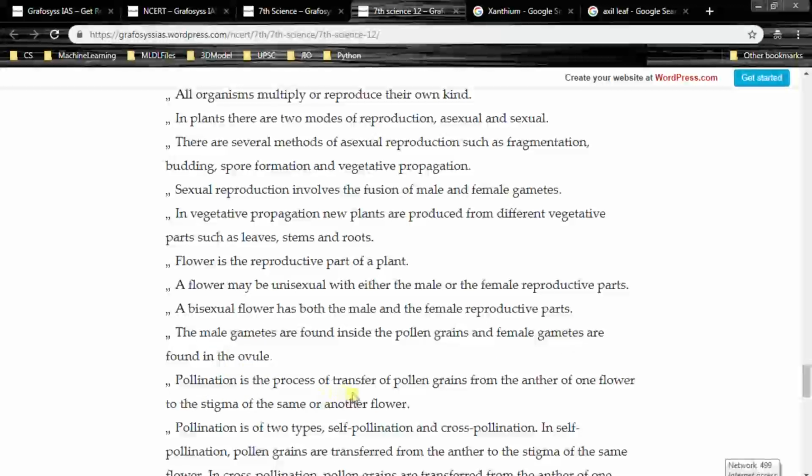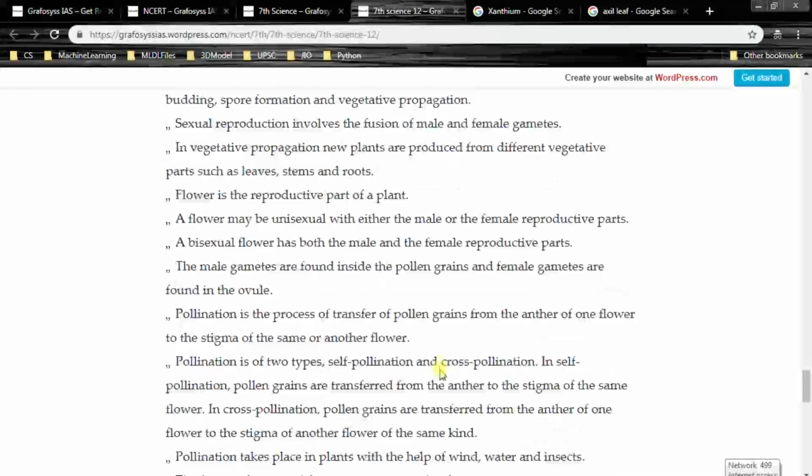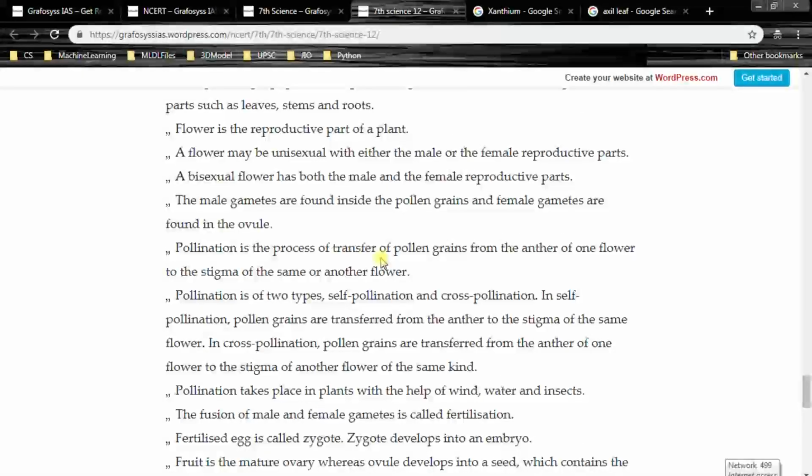Pollination is the process of transfer of pollen grains from the anther of one flower to the stigma of the same or another flower. So same flower, self-pollination; other flowers, cross-pollination. Pollination is of two types, self-pollination and cross-pollination.